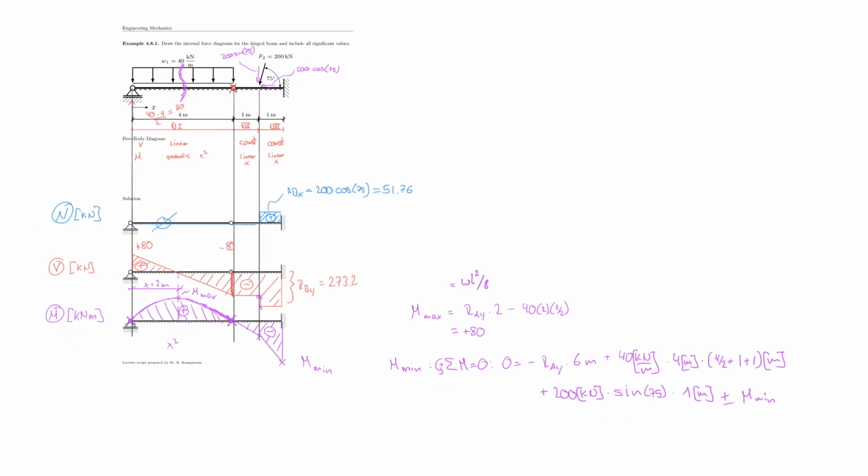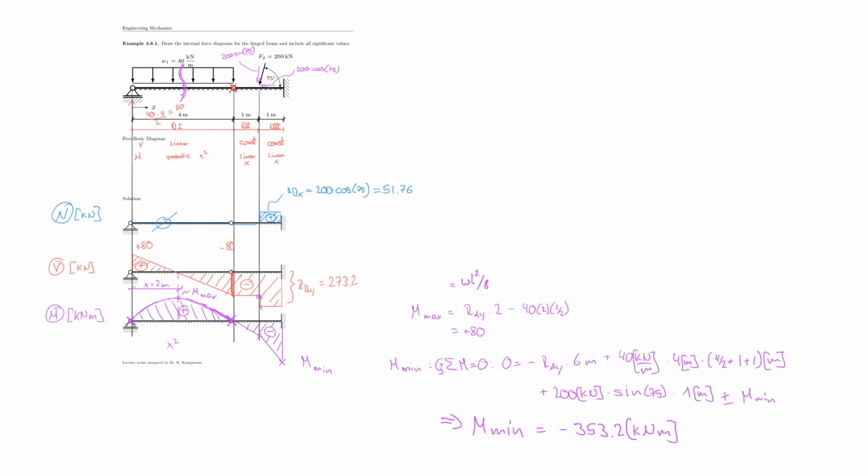And when you do that, you will find that m min is really the support reaction at that location, which happens to be 353.2. So therefore m min is equal to minus 353.2 kilonewton meter.